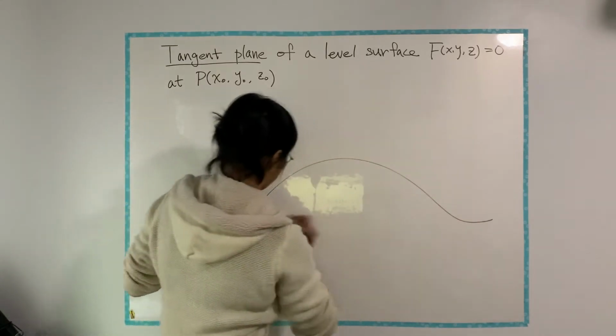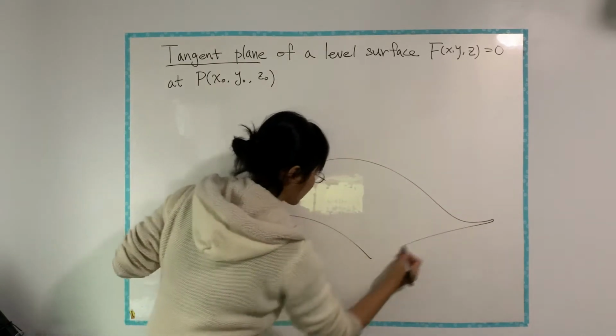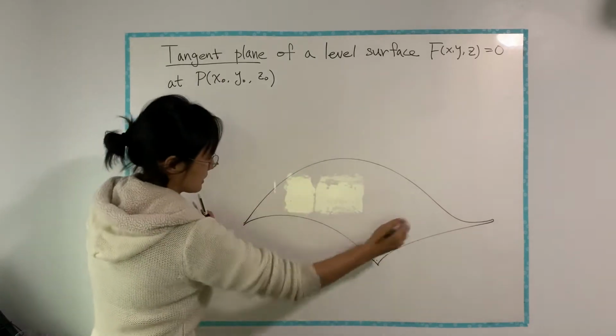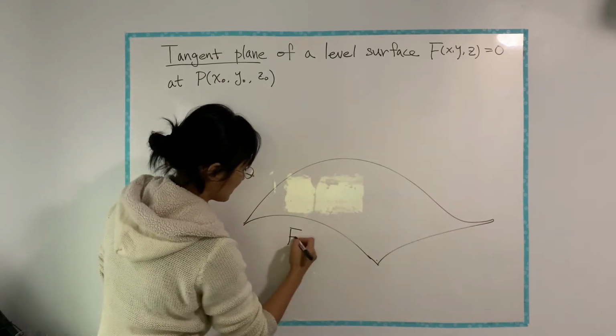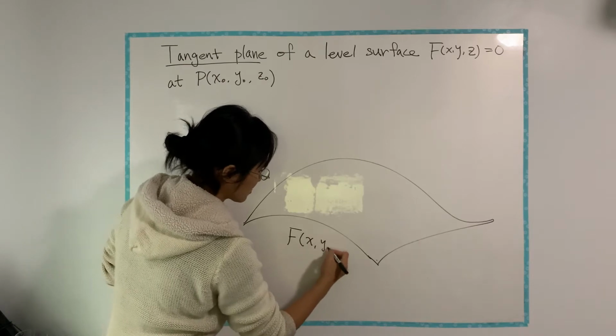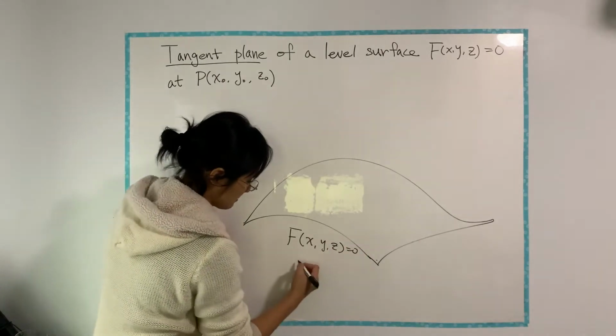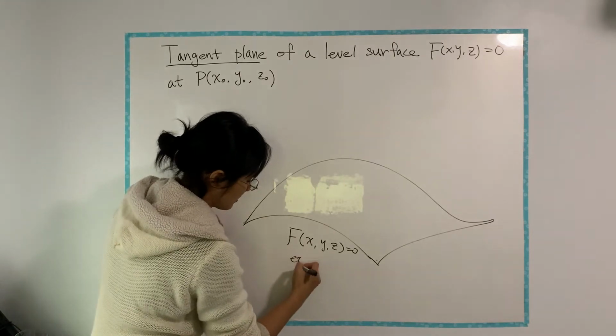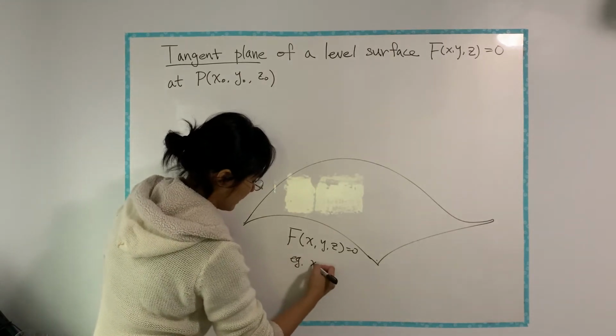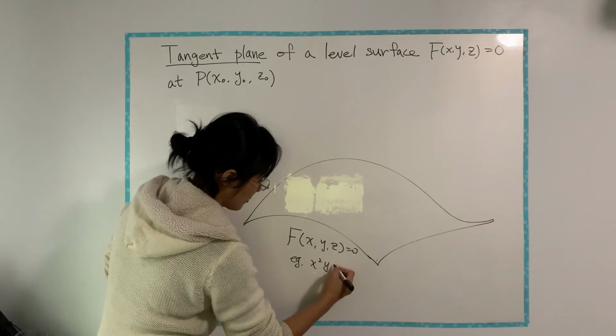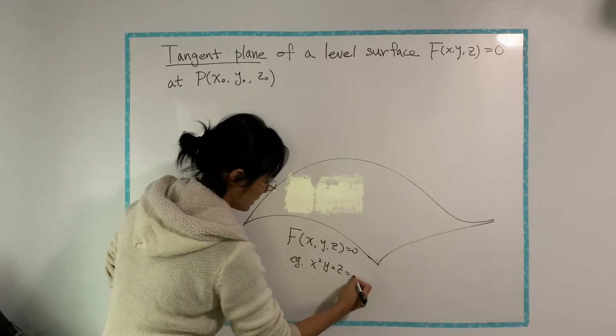Suppose I have a surface like this. It's being described by F(x, y, z) equals 0. You can think about something in general. So for example, you can have x squared times y plus z equals 0.